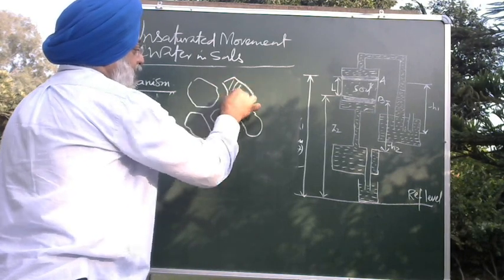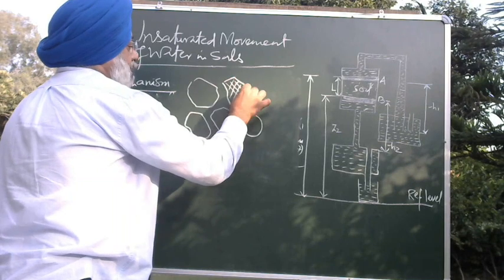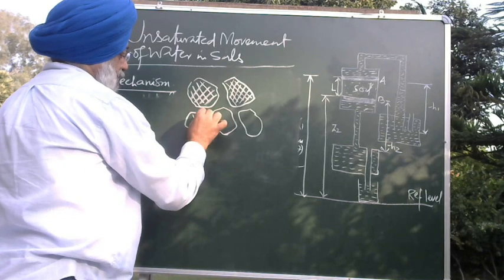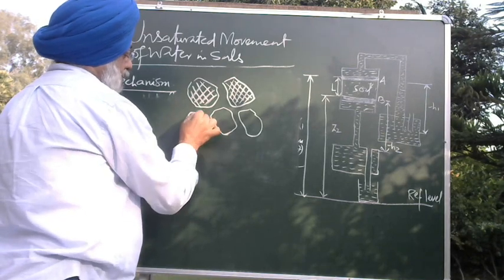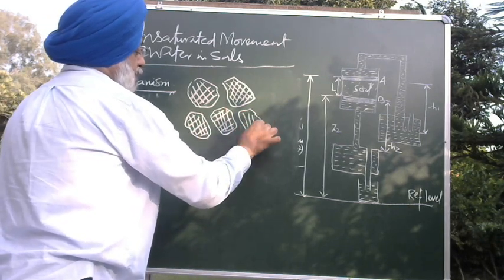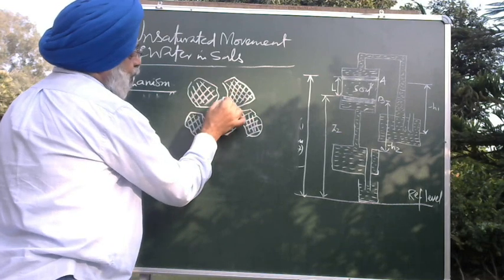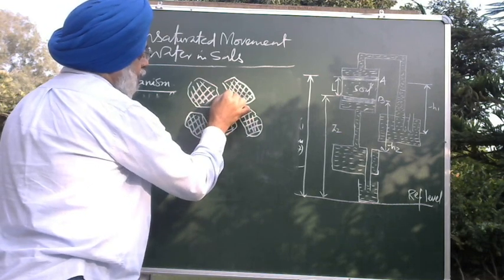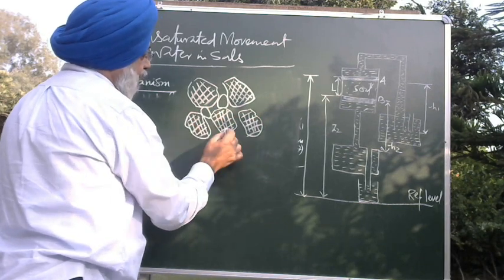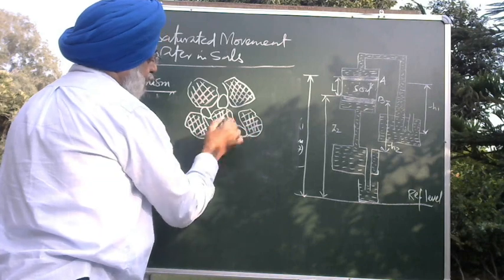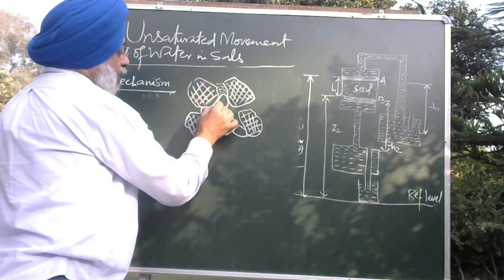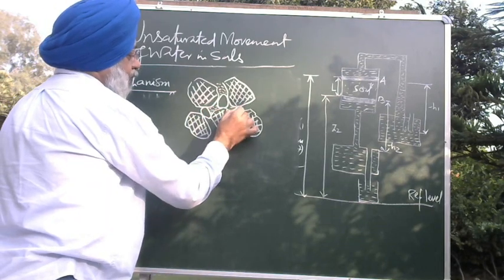These are your soil solids. Then this is pore space. The macro pores could be occupied with air. Say this is a macro pore, this is a macro pore over here, and another macro pore over here. The rest of the pores are filled with water.